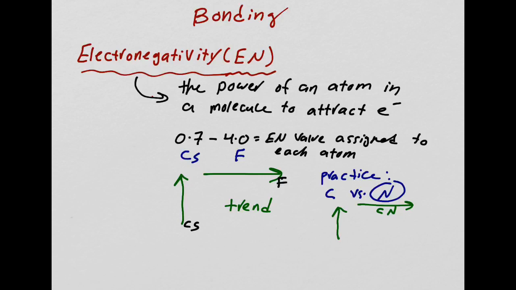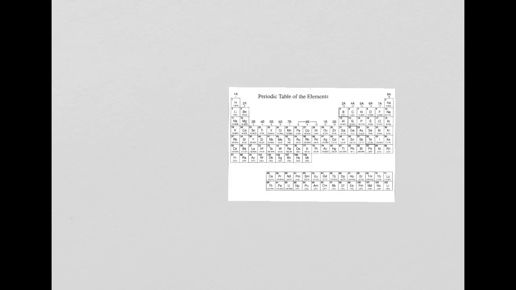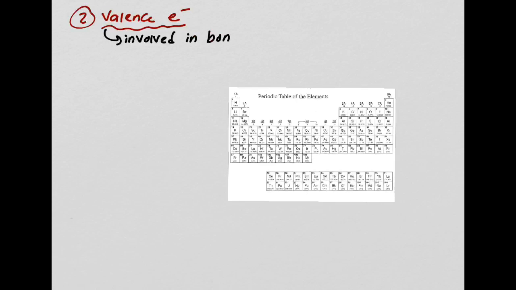That's one thing you need to know, electronegativity. The next thing you need to know in order to do bonding is valence electrons. Valence electrons are involved in bonding. Not all the electrons are involved in bonding, only valence electrons.